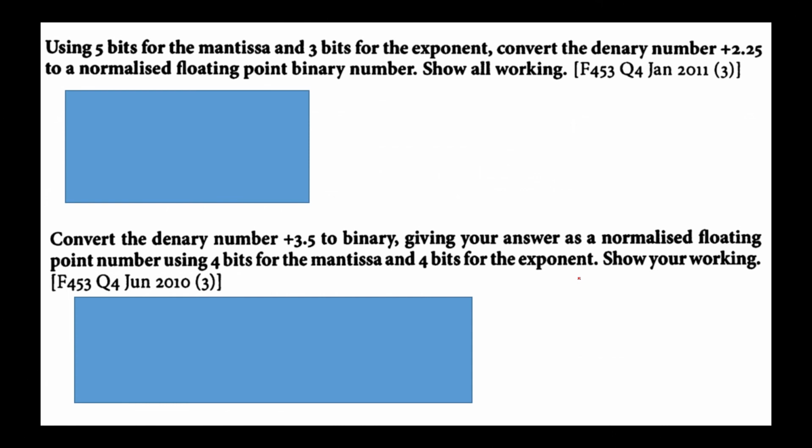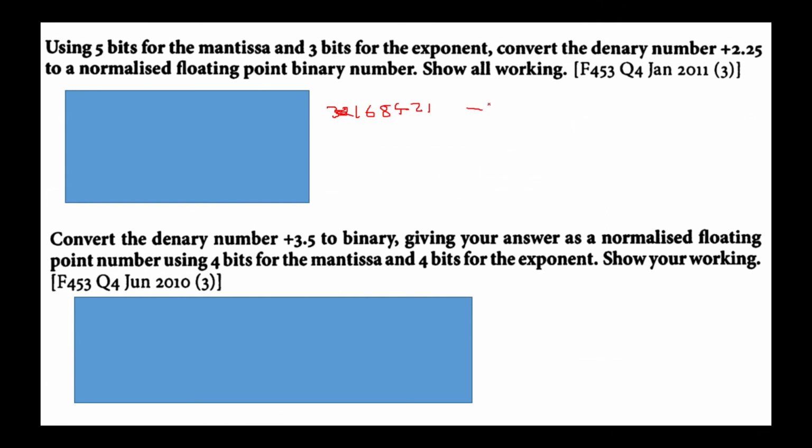So 5 bits for the mantissa, 3 bits for the exponent. I can see how this is really going to go. It's going to be 1, 2, 4, 8, 16, 32. So get rid of the 32.